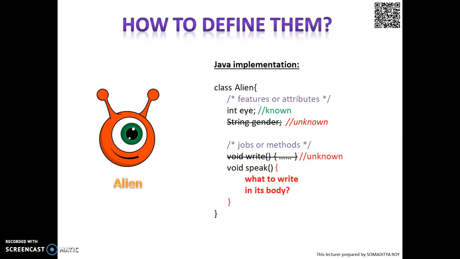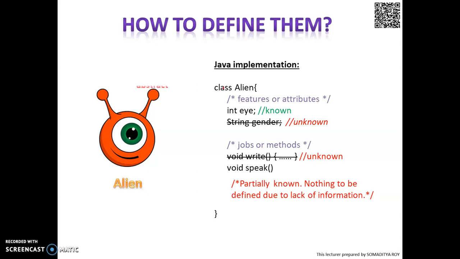Now what about speak? So the question is what to write in its body, because as far as the alien is concerned, we can say that alien has a feature called speak, but we cannot define it properly because we don't know the language. So we can say we partially know that particular feature and we cannot define it because of the lack of information.